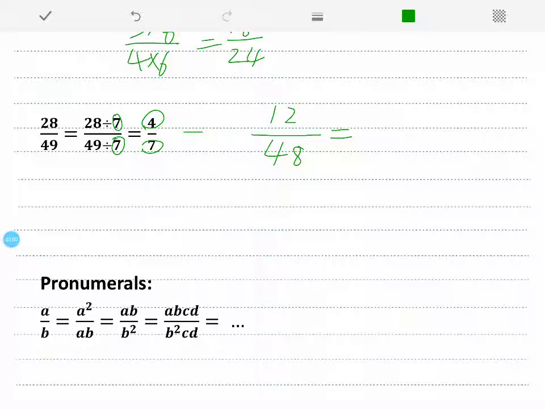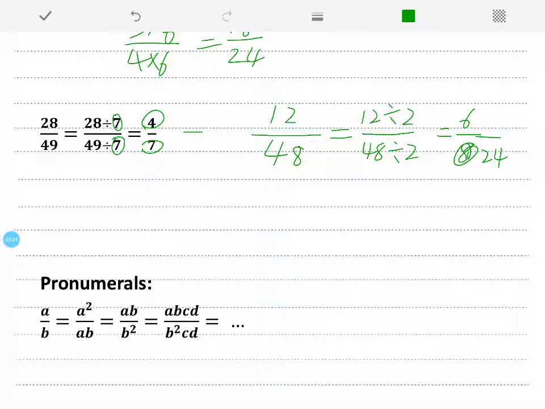For example, we choose 2. So 12 divided by 2 over 48 divided by 2 equals 6/24. Okay?